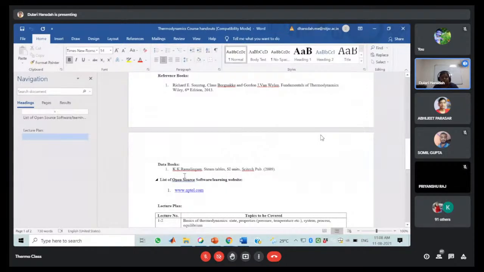Okay. So the data book for the steam table, the author is K.K. Ramalingam. That should be in SI units. You have to check whether it is the SI unit or not. So all of you have to purchase this SI unit book. Okay.